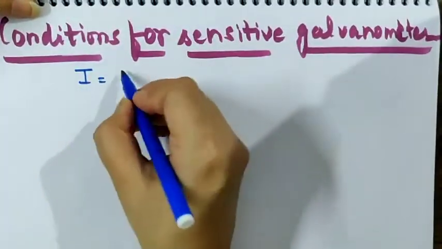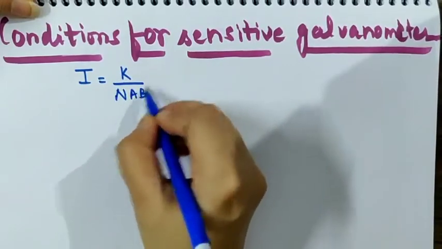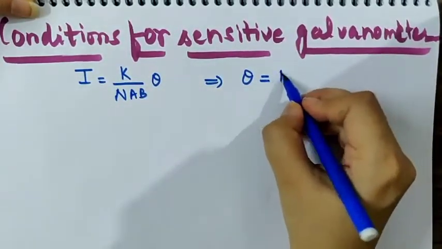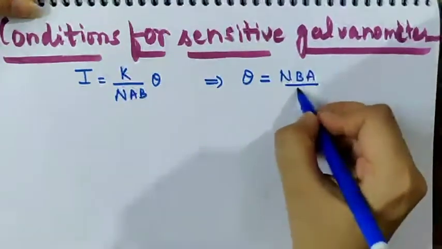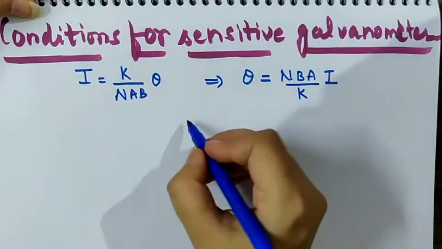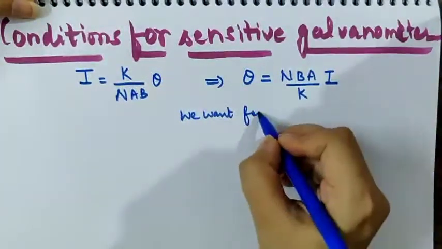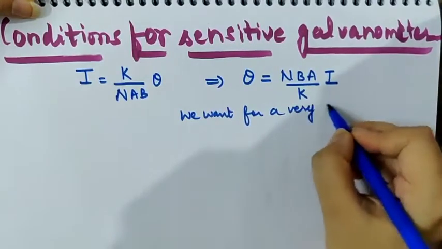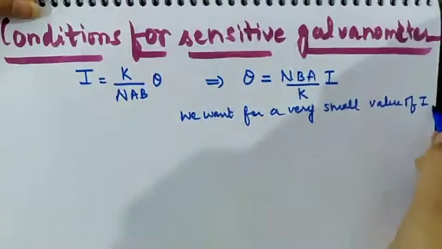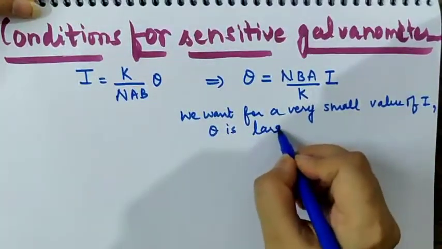The previous formula was I equal to K over NAB into theta. Just reciprocating it, theta is equal to NBA over K into I. What do we want? We want the device to be very sensitive. We want for a very small value of I, theta should be large.